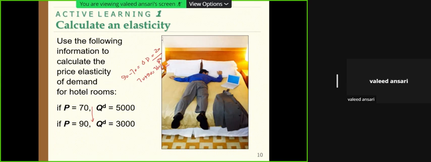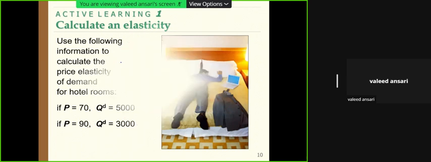Same way you can find out this will be 200, ignoring the minus sign, divided by 5 plus 3, the average divided by 2, it will be 4,000. So in this way we can find out the percentages and then put the values here: percentage change in quantity demanded divided by percentage change in price.